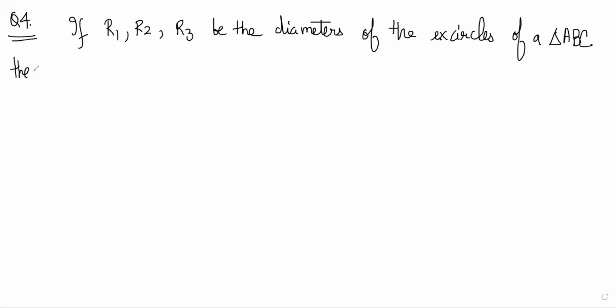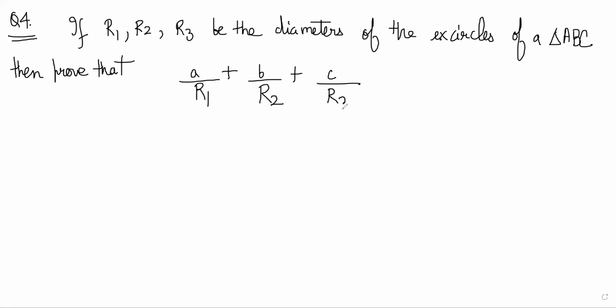Then prove that A by R1 plus B by R2 plus C by R3 is equal to R1 plus R2 plus R3 by A plus B plus C.